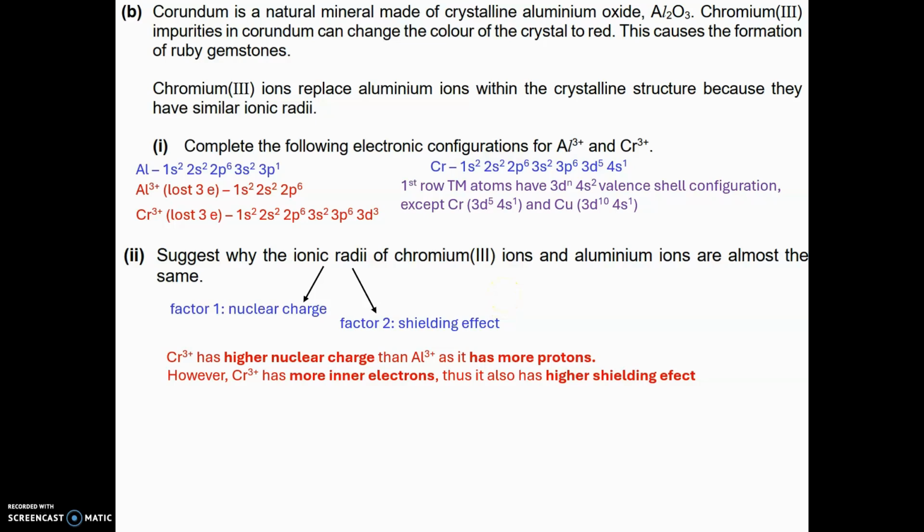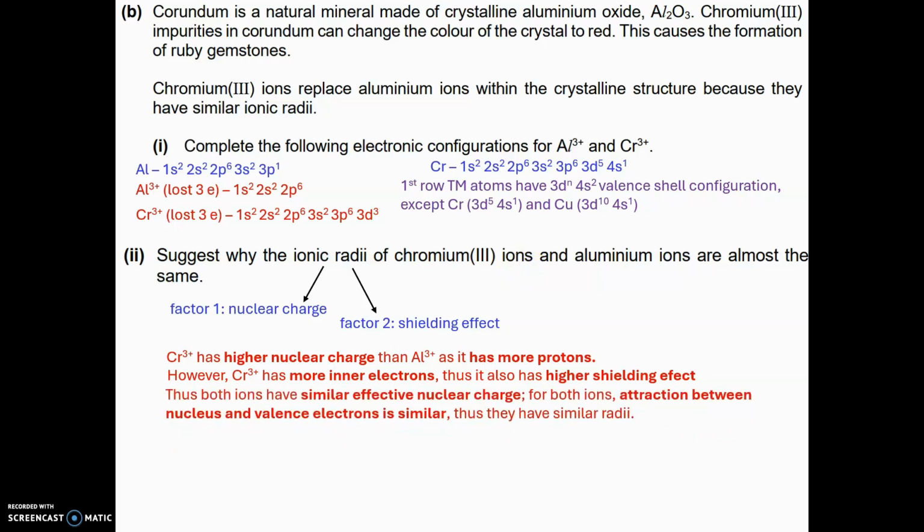So both of these are higher for Cr3+ compared to Al3+, and the two factors will sort of offset each other, which means that both ions have a similar effective nuclear charge, with the attraction between nucleus and the valence electrons for both ions being very similar, which results in them having a very similar ionic radius.